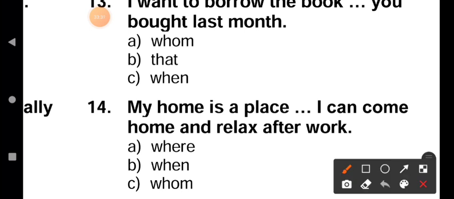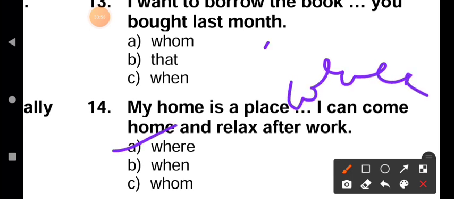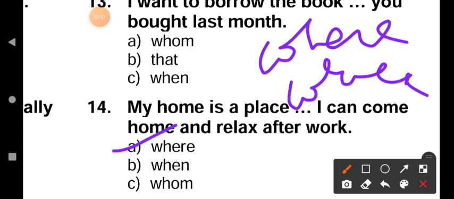And the next question, the 14th one, is, my home is a place. My home is a place. We indicate place. I can come home and relax after work. Where do I play or relax? My home is a place where I can come home and relax after work.